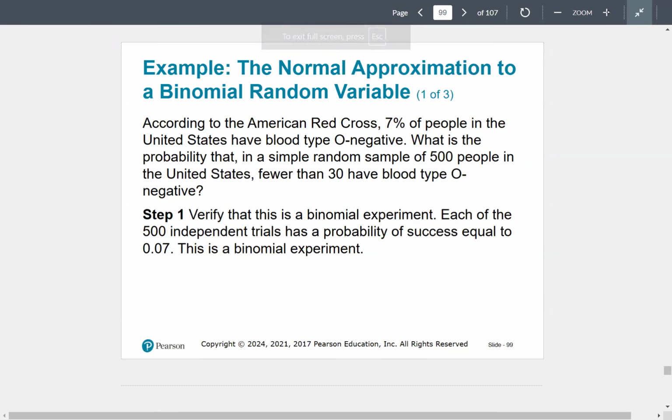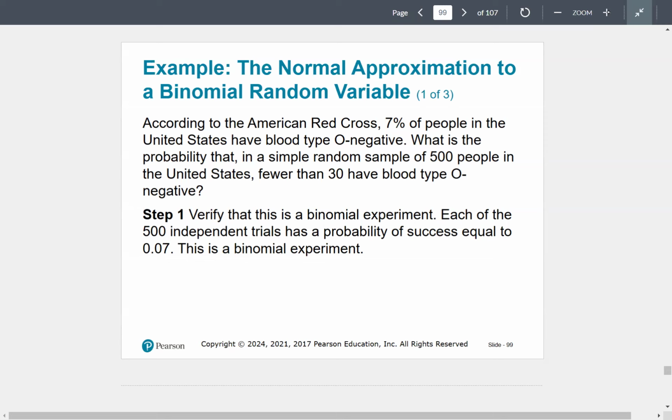So we're going to use our binomial probability. According to the Red Cross, 7% of people in the United States have type O negative blood. What's the probability that in a simple random sample of 500 people, we have fewer than 30 of type O? So we would verify it's a binomial experiment.